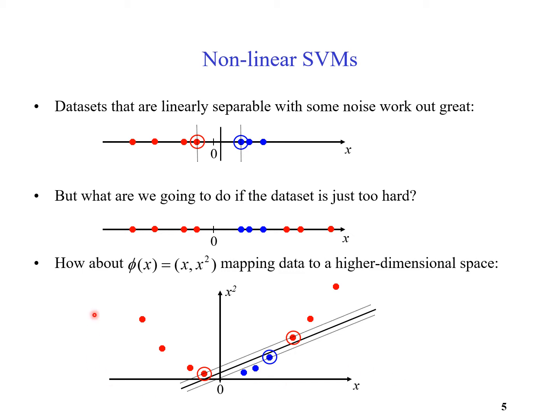In 2-dimension case, we are able to find this linear line here, right? So in higher dimension, we find linear line or linear hyperplane, okay? And that line is mapped back to the original dimension. So that's how it works in nonlinear SVM.